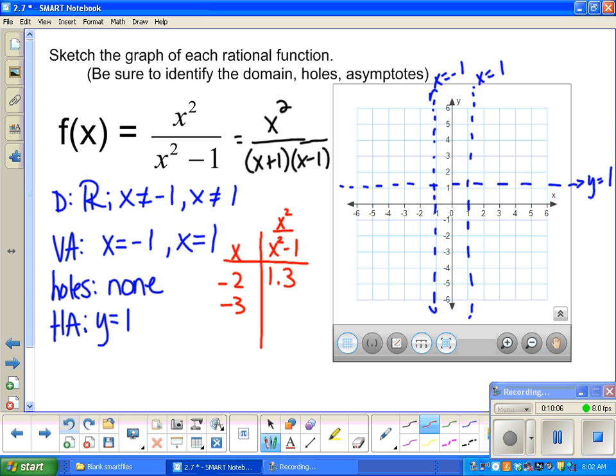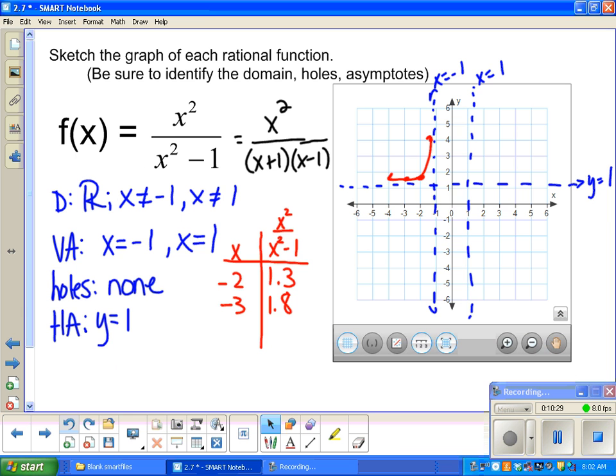When I enter in a -3, I get 9/8, which is about a 1.8. So at -2, I have a 1.3, and at -3, I have a 1.8, so it's really close, and it's going to curve like this.